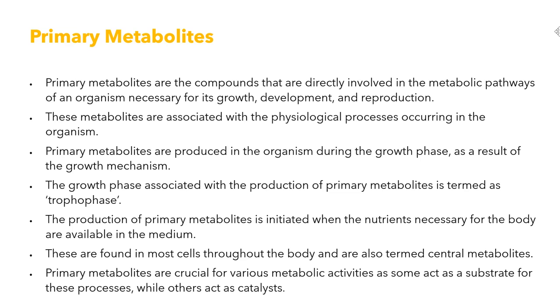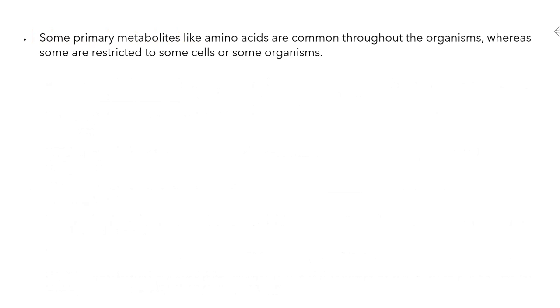From these primary metabolites, the body can create other complex compounds, so they act as a substrate for another compound and also as a catalyst. A catalyst is a compound which catalyzes other reactions, increasing their rate.